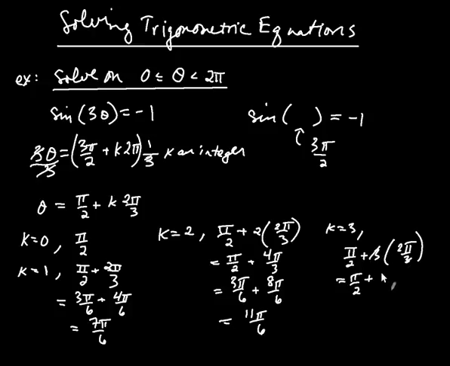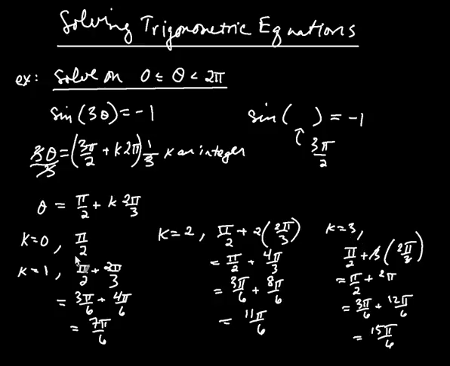So plus 2 pi, and that ends up being 3 pi over 6 plus, well, it's going to be 12 pi over 6, which is 15 pi over 6. Okay. Now you could see at this stage, right, that pi over 2 plus 2 pi is clearly greater than 2 pi. Or you look at 15 pi over 6 and you see that, again, that's greater than 2 pi. In other words, this value of k doesn't work.